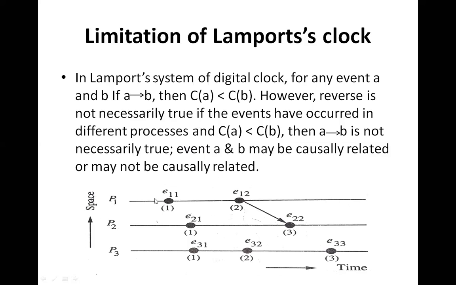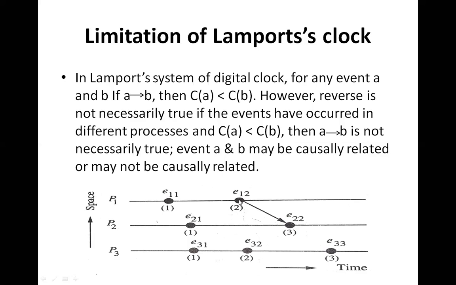The example is like this: in process P1, there is event E11, which causes another event E12. That is why the timestamp of the first event is 1 and the timestamp of the second event is 2.